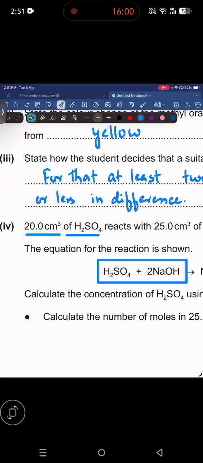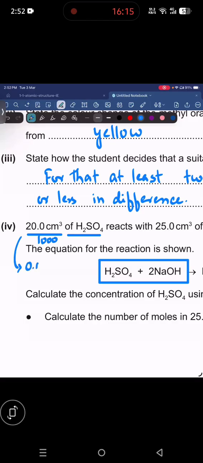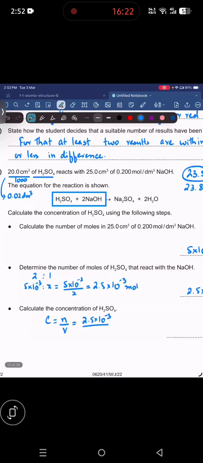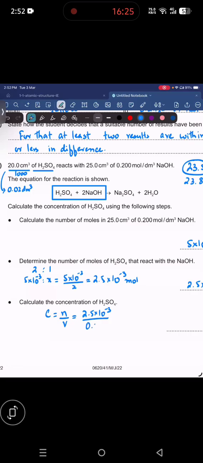So this 20 centimeter cube will be converted into dm cube by dividing by 1000, which is the requirement for concentration. So the value will become 0.02 dm cube.